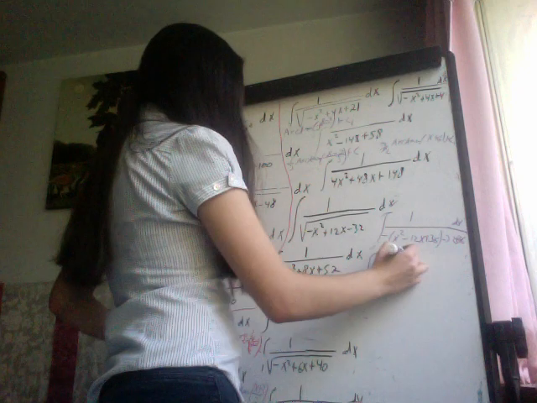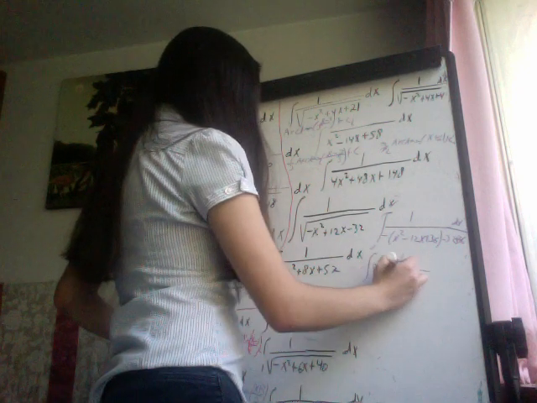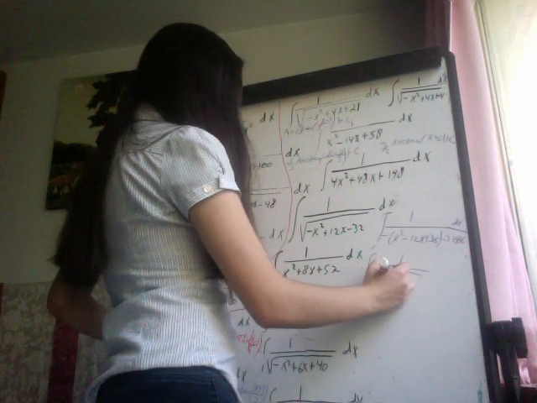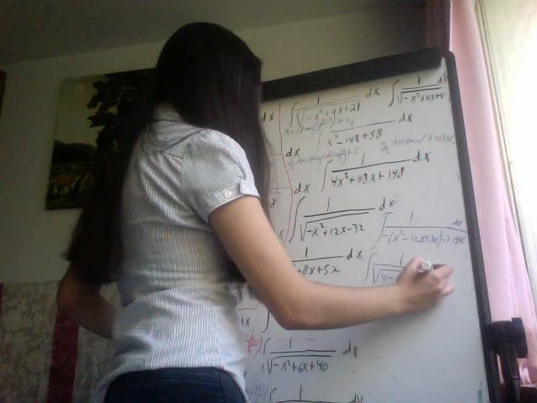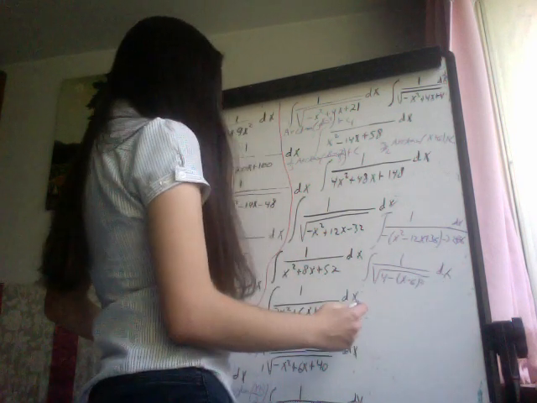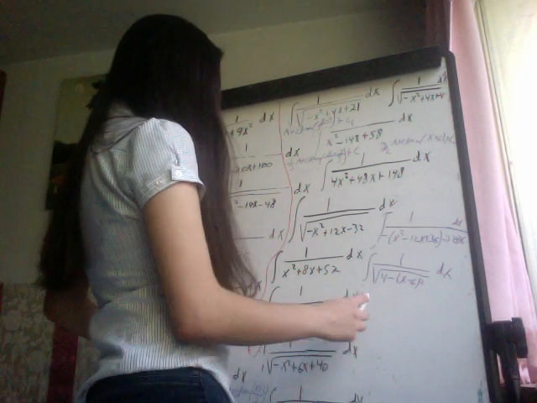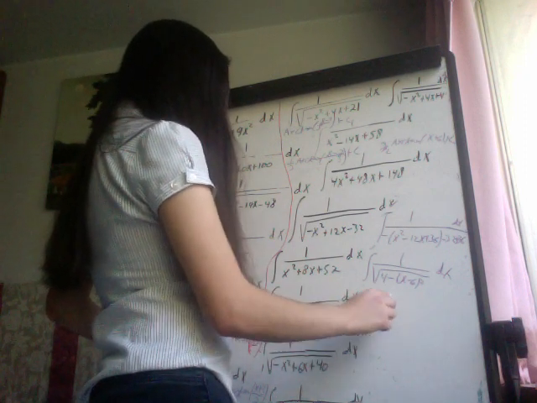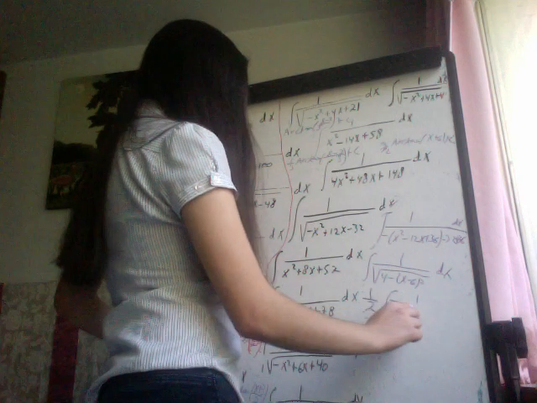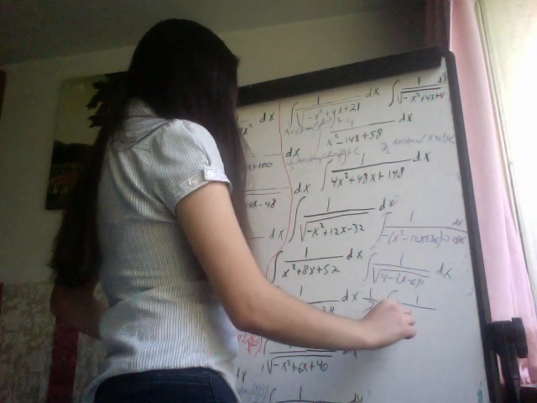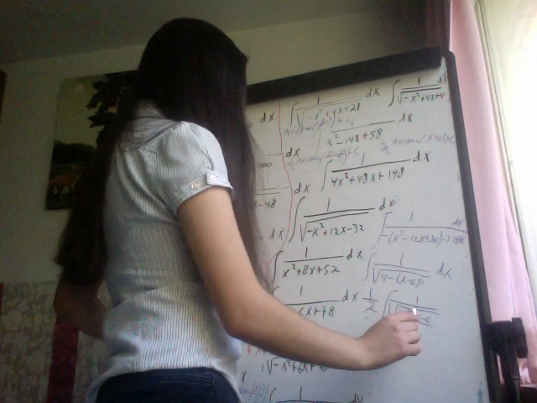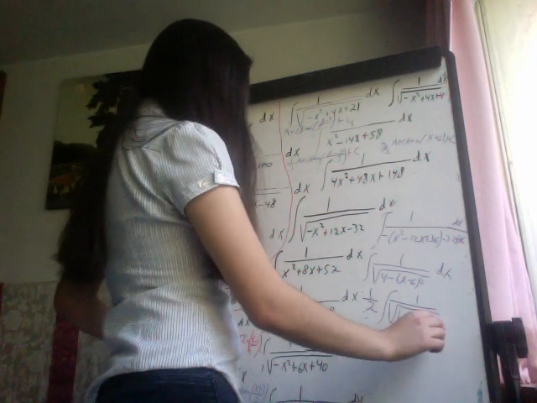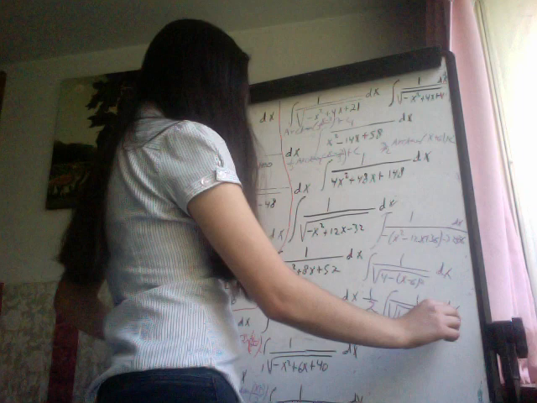So this is 1 over square root of 4 minus (x minus 6) squared dx. I divide everything by square root of 4, so 1/2 times the integral of 1 over the square root of 1 minus ((x minus 6) divided by 2) all this squared dx.